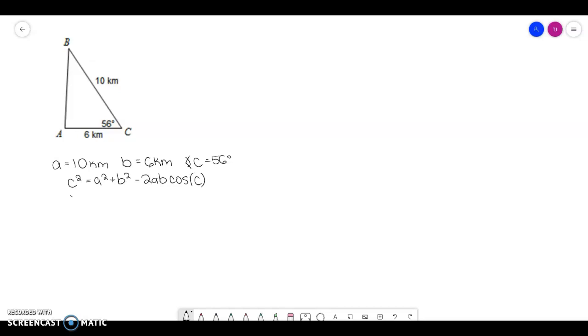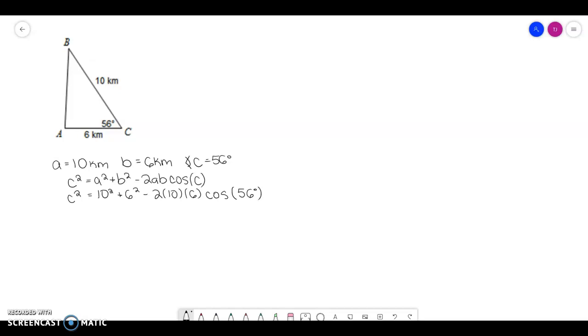I don't have side C, that's what I'm going to solve for first. But I know A is 10, so I have 10 squared plus 6 squared minus 2 times 10 times 6 times cosine of angle C, which is 56 degrees.